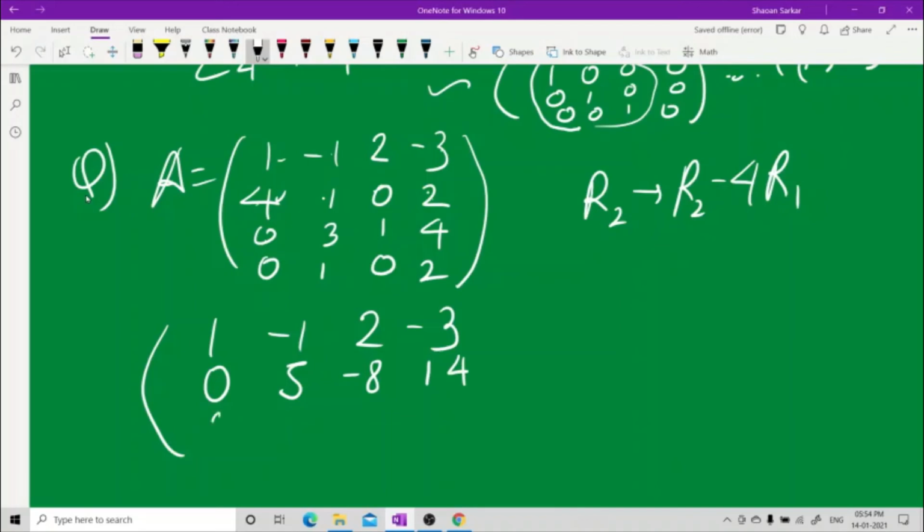No problem. 0, 0, 3, 1, 4. Then you have got 1, 0, 2. Now the idea is to make these zeros.